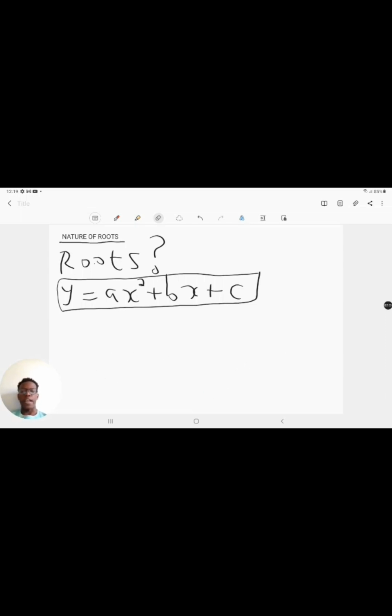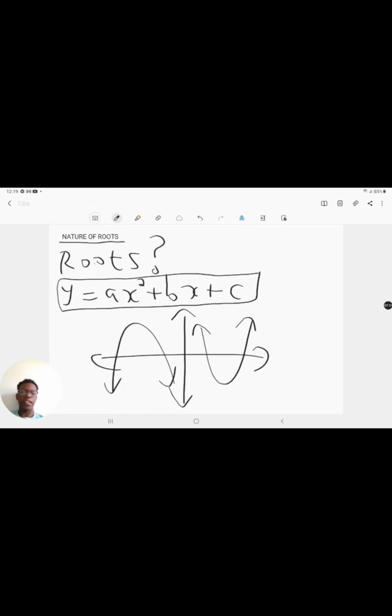Now, if I draw out that graph again on my Cartesian plane, it doesn't matter how or where I draw it, even if it's like this, it's another quadratic function.